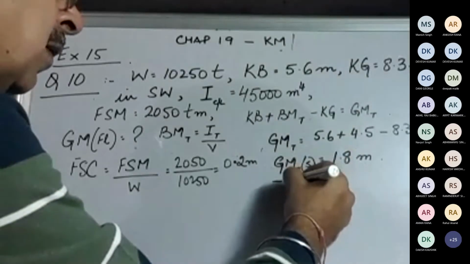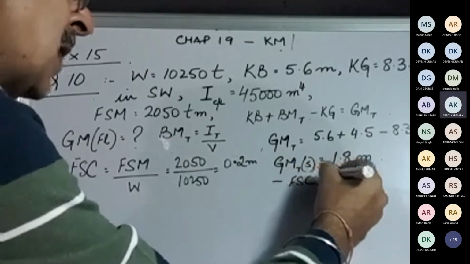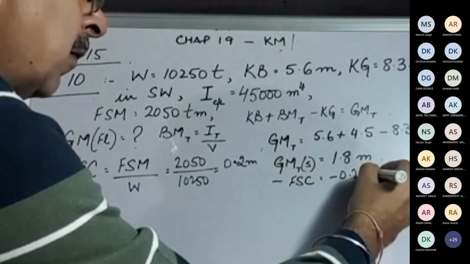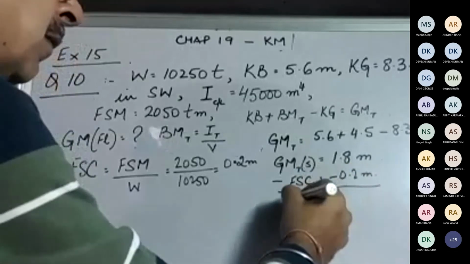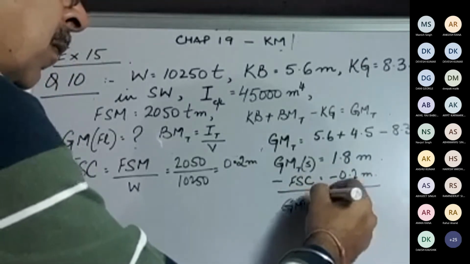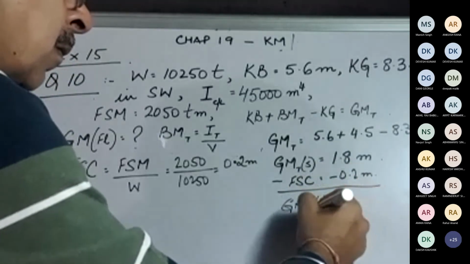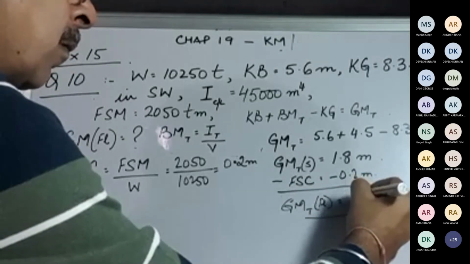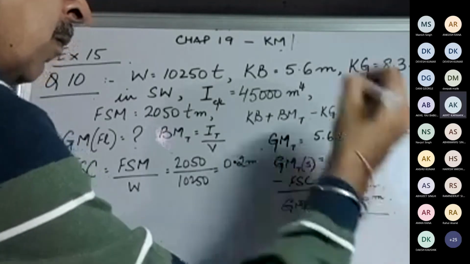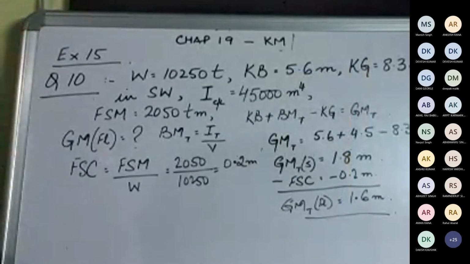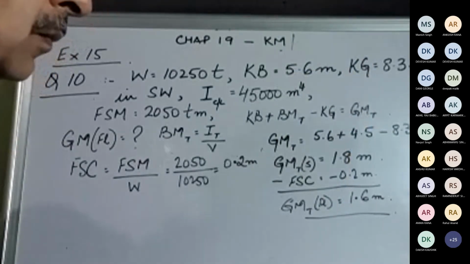So GMT solid minus FSC. Find out the value of GMT fluid. 1.6. So that's your answer.